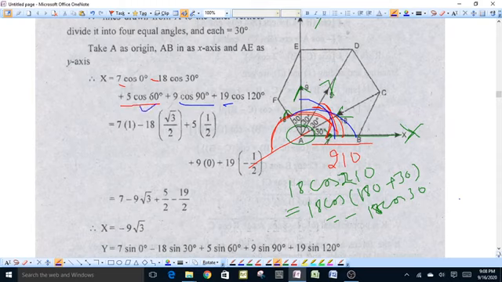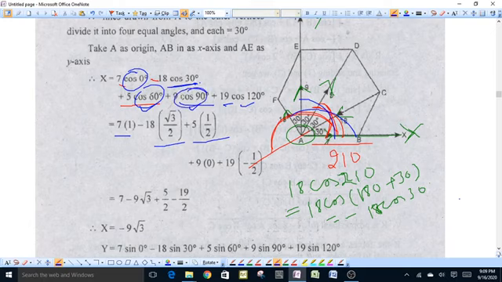By putting the values of cos 30, cos 60, cos 90, cos 120, we get 7 into 1, because cos 0 is equal to 1, minus 18 into root 3 upon 2, plus 5 into 1 by 2, because cos 60 is equal to 1 by 2.